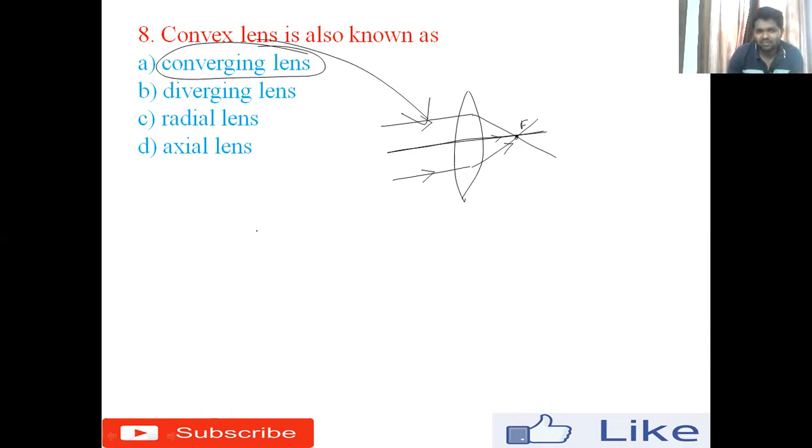How about the diverging lens? What is the meaning of diverging lens? Let me take the concave lens, principal axis. Whenever the incident light ray comes like this, after refraction, the light ray will go like this. But for the person standing on this side, it looks like all are originated from this side.